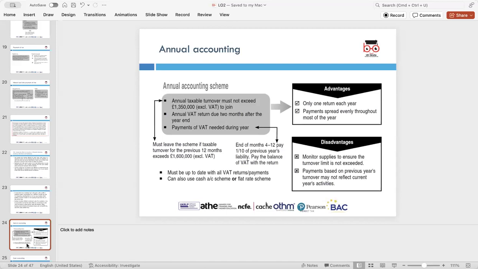The remaining balance of VAT is then paid with the annual return. There are some advantages and disadvantages. Advantages: only one return, payment spread evenly throughout most of the year. Disadvantages: monitor supplies to ensure the turnover limit is not exceeded, and payment based on previous year's turnover may not reflect current year activities.